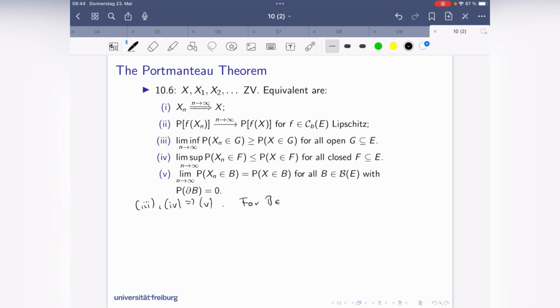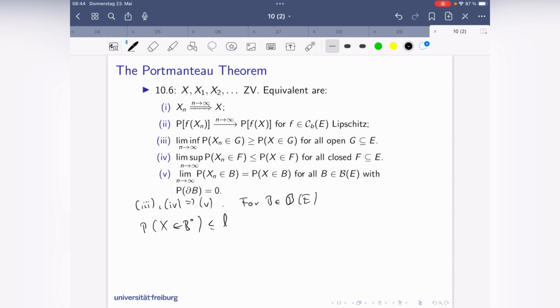So I have some set B, and I can analyze the probability that X is in the interior of B. That's an open set, so I can use my result 3.